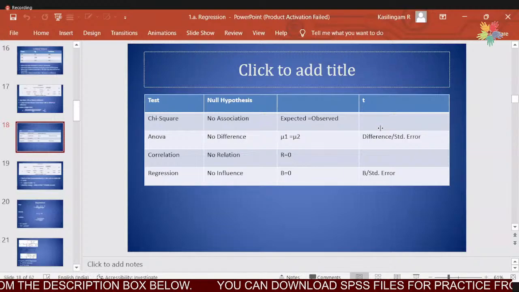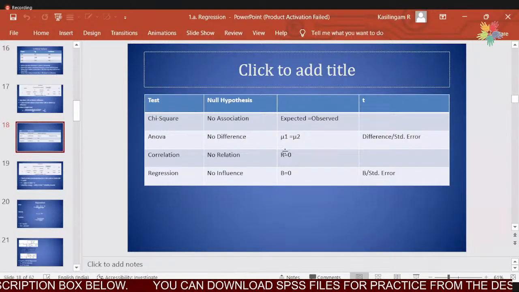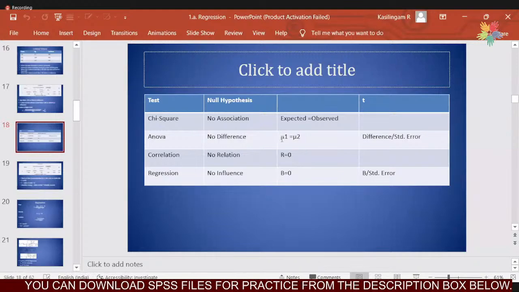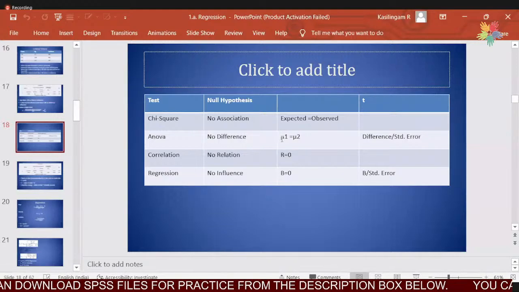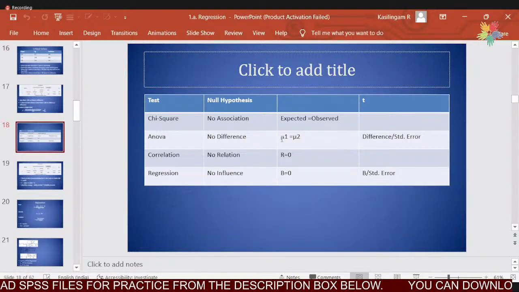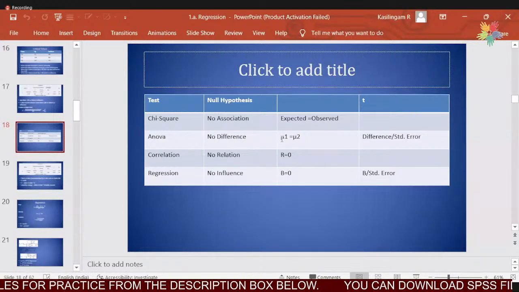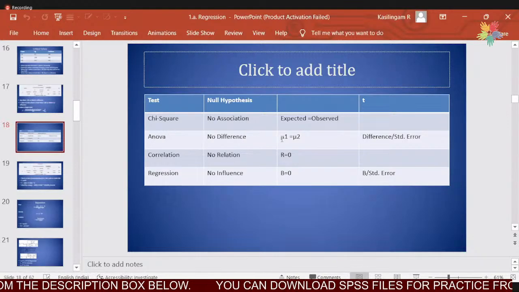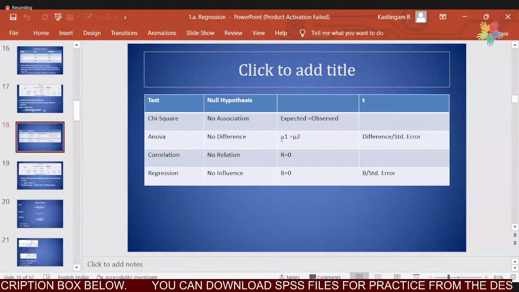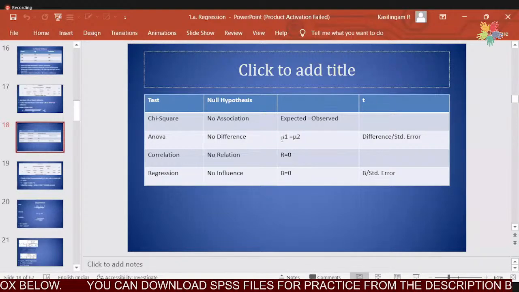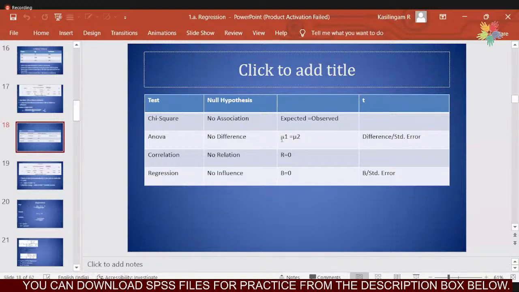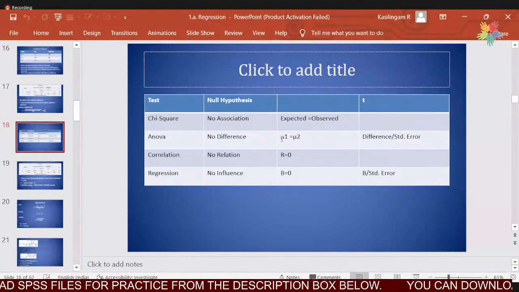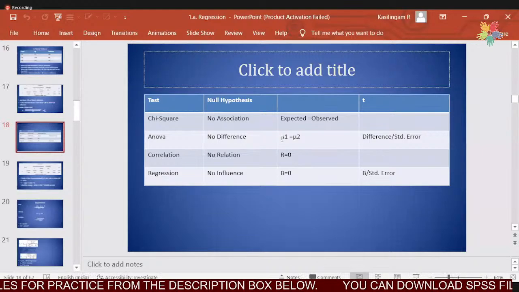That is why we say mu1 minus mu2 equals 0, otherwise x1 bar minus x2 bar equals 0, otherwise mu1 equals mu2. Statisticians write mu1 equals mu2 as the null hypothesis; they will not write there is no difference.